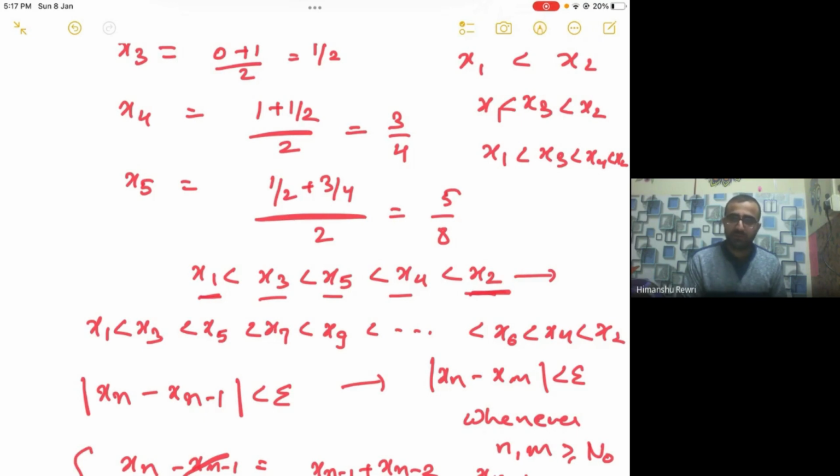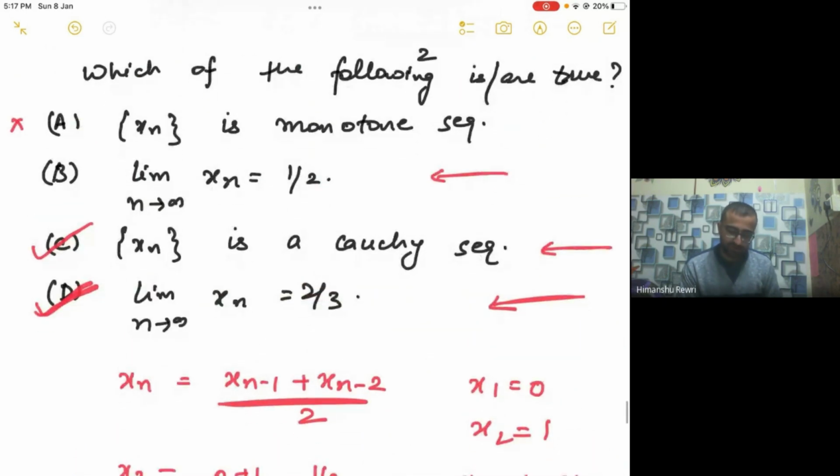So the subsequences are monotonic and bounded, and they converge to the same limit point. So these are convergent sequences. A sequence is Cauchy if and only if it is convergent. Can you see how this is a Cauchy sequence?